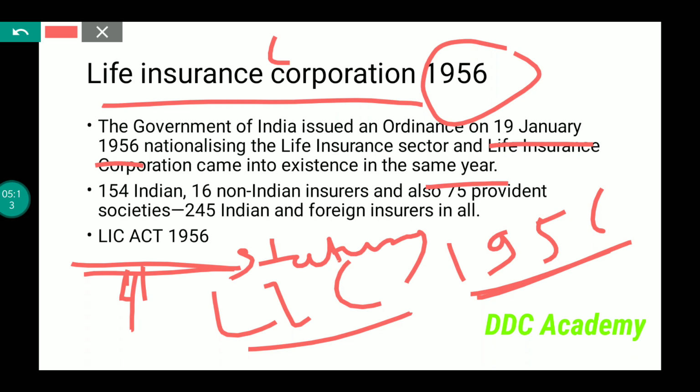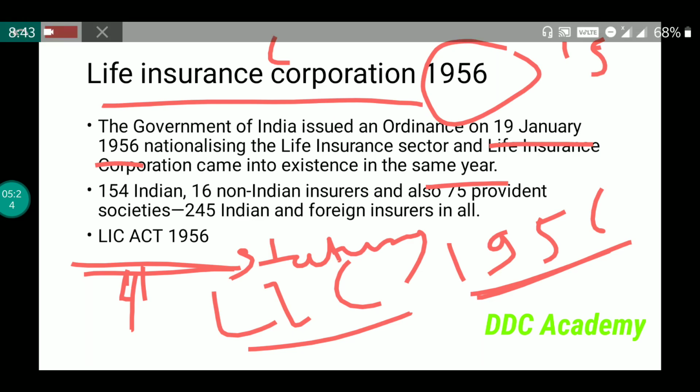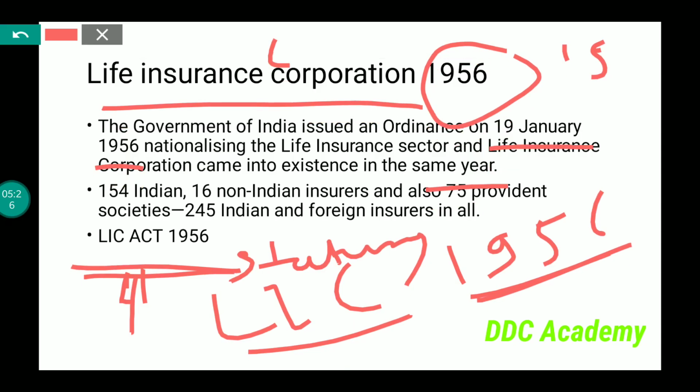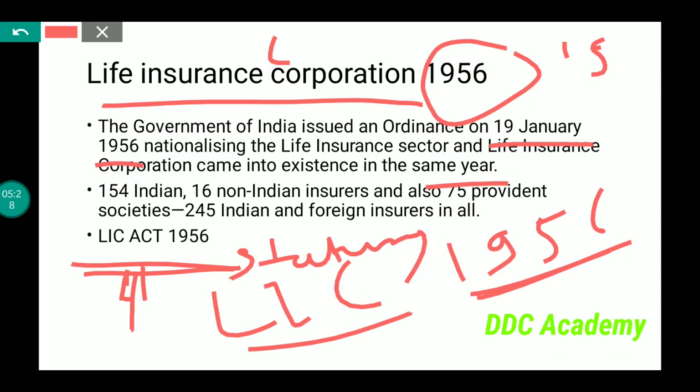As you all know, there were many private companies, government companies, and provident societies. You have to remember this figure: 154 Indian insurance companies, 16 non-Indian insurance companies, and 75 provident societies. Total 245.